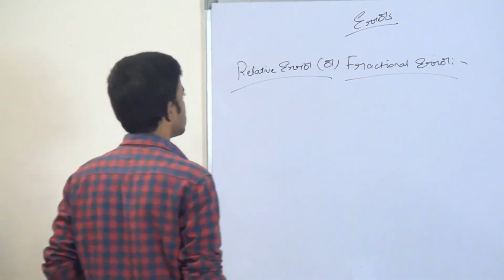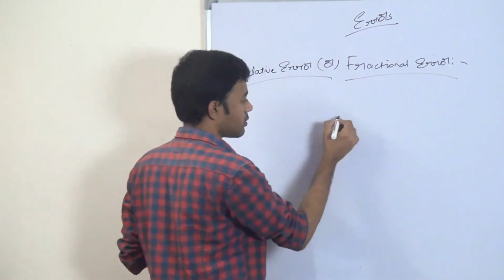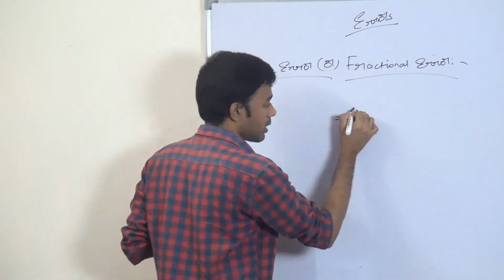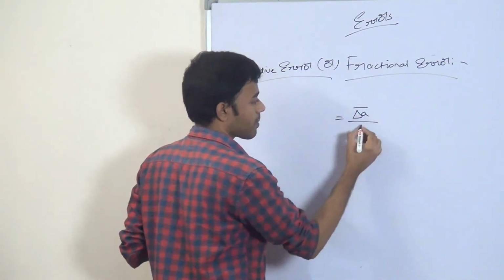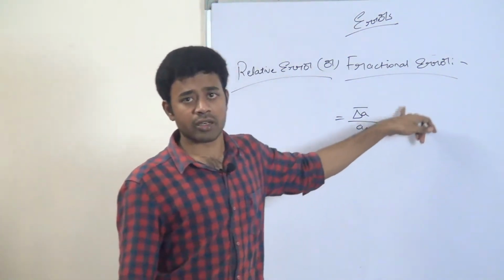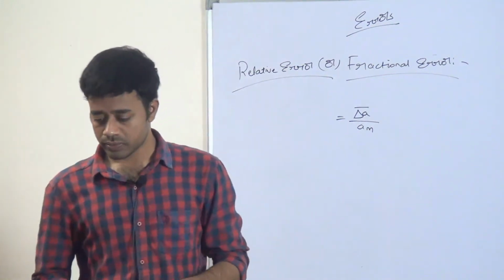So the relative error or fractional error is equal to the mean absolute error divided by the mean value.